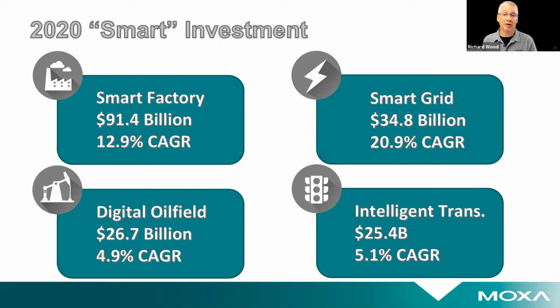Smart grid would be next with a little under 35 billion and a whopping 20.9% compound average growth. Digital oil field is at 26.7 billion with 4.9% growth, and ITS is similar with 25.4 billion and 5.1% growth. So you can see that across a wide range of industries that smart initiatives are on the rise.